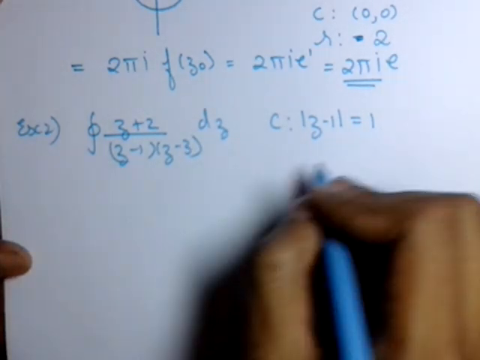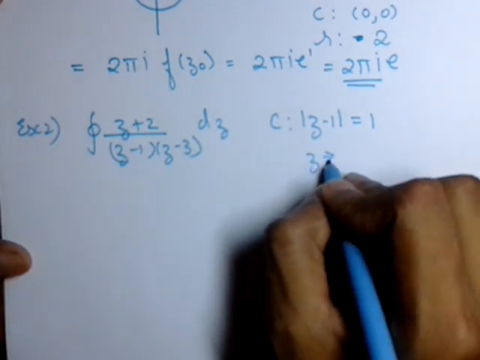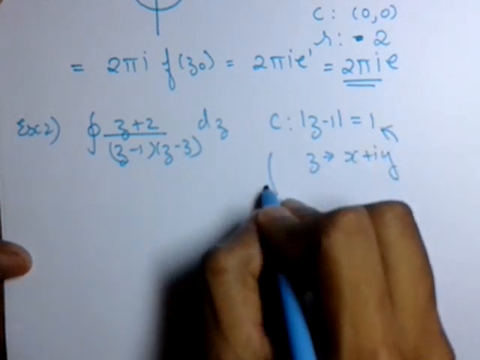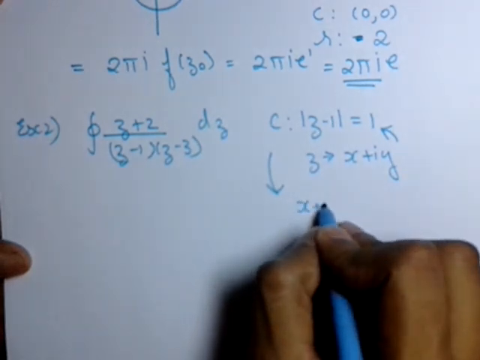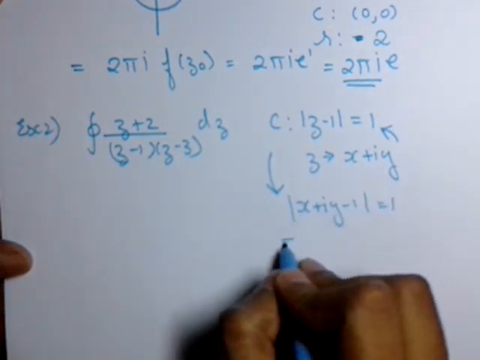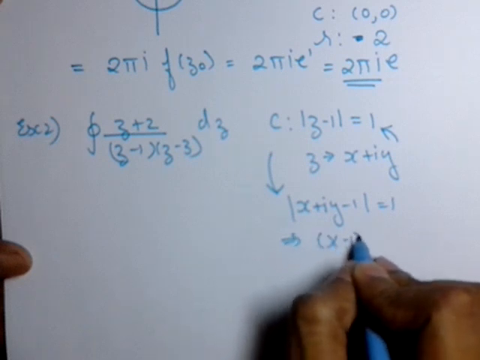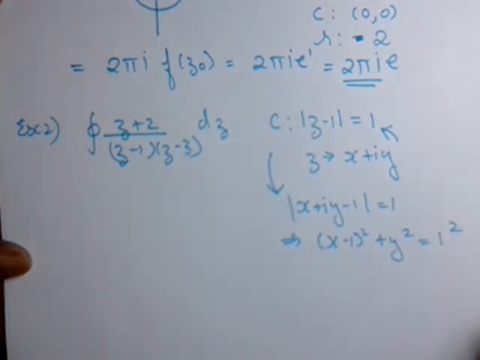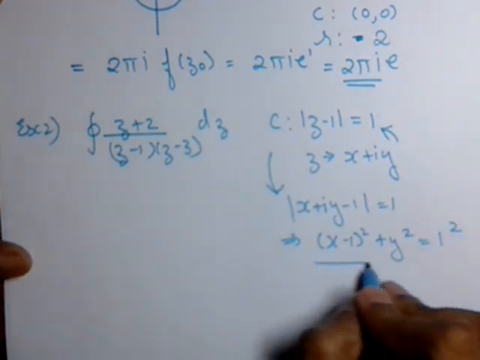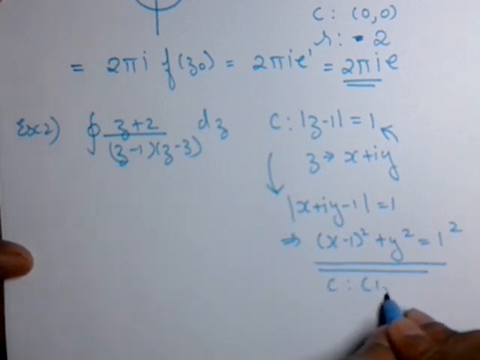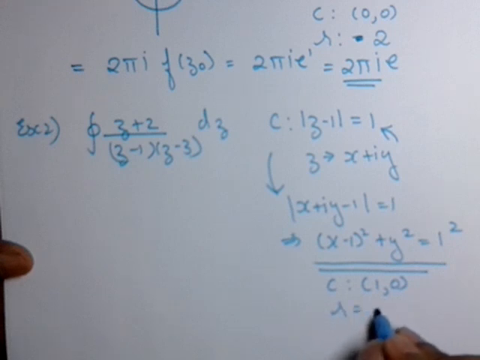So putting z equal to x plus iy in this equation, we get mod of x plus iy minus 1 is equal to 1, which implies (x minus 1) whole square plus y whole square is equal to 1 whole square, which implies this is again a circle's equation, which is centered at (1, 0) and radius is 1.